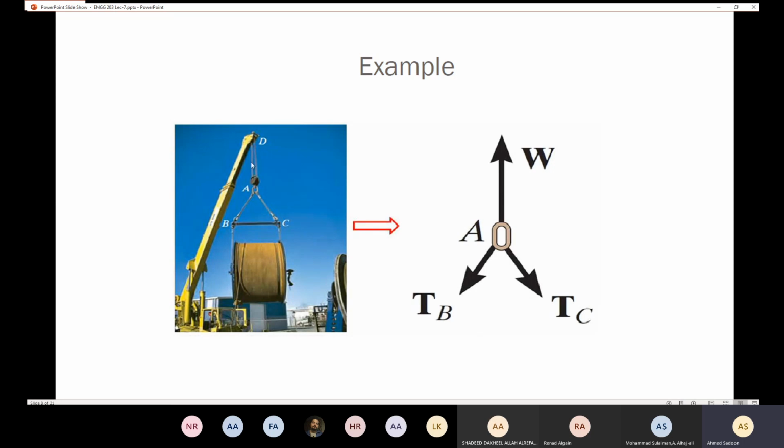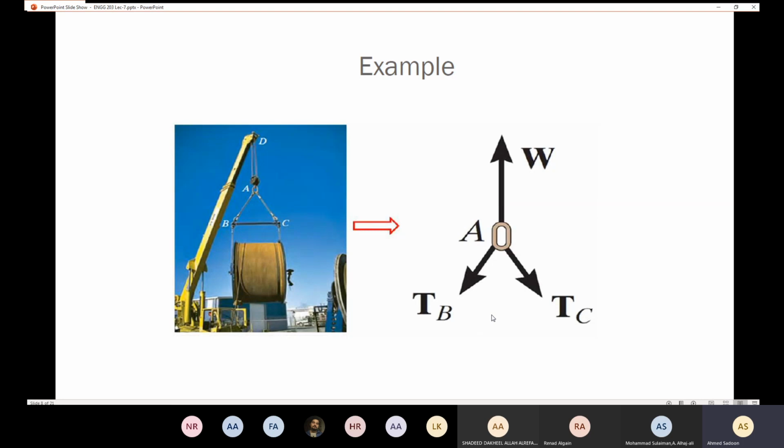Here we have a force pulling the ring from here. I'm going to give it the letter W, and I have the cables AB and AC. This one tries to pull particle A in that direction, and we have the force from A to C pulling the particle from that direction.